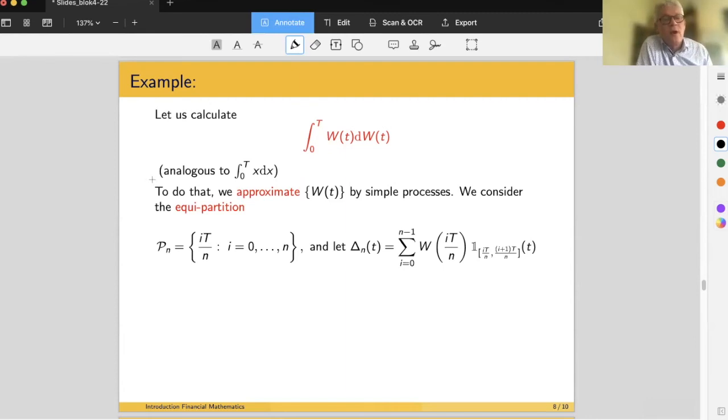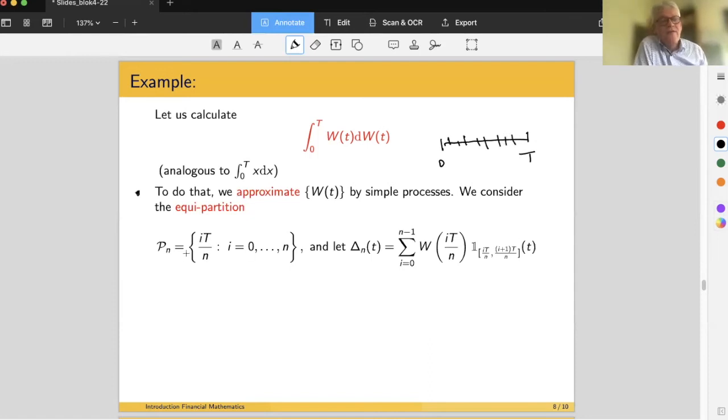So we are going to approximate W_t by simple processes. And in this case, we do it with a simple partition. We take an equipartition. So we have our interval from 0 to t. We take a very nice partition.